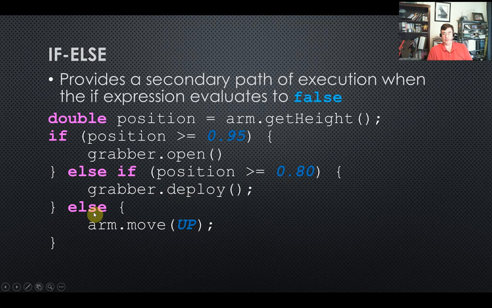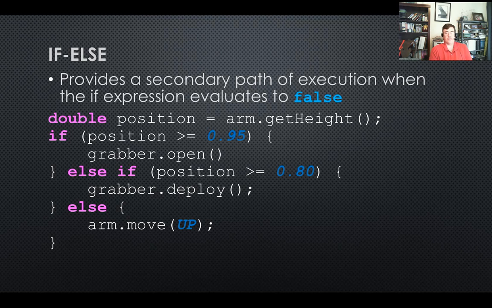Then we have an else clause on that if statement as well. And this one always executes the move member of arm. So if we think about that logic, if we have a robot that has an elevator mechanism that can move up and down, and when it gets to 80% of the full up position, it's going to start deploying a grabber.